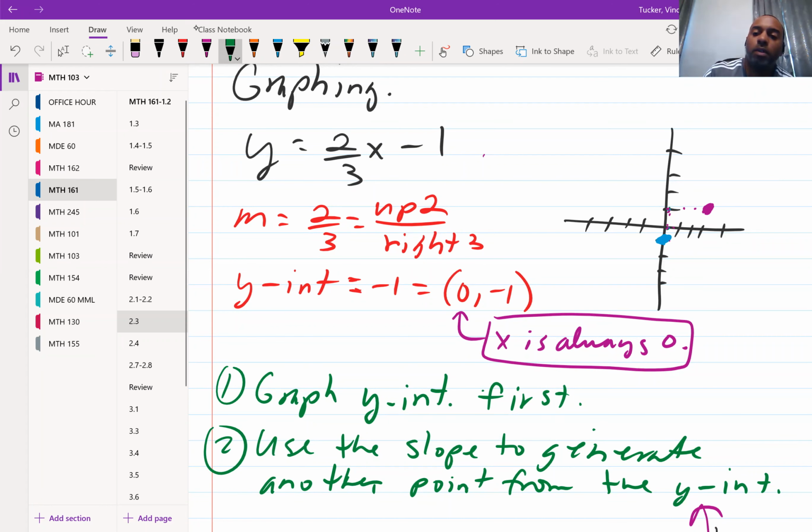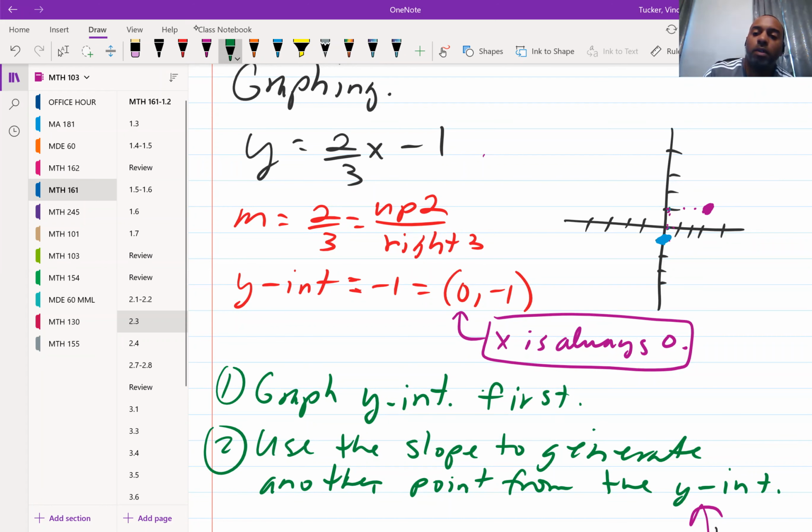All right, let's scroll up for another one. So here we have y equal to negative 5x plus 4. Once again, we have our equation in slope intercept form. So that's a good place to be as far as trying to graph using your slopes.